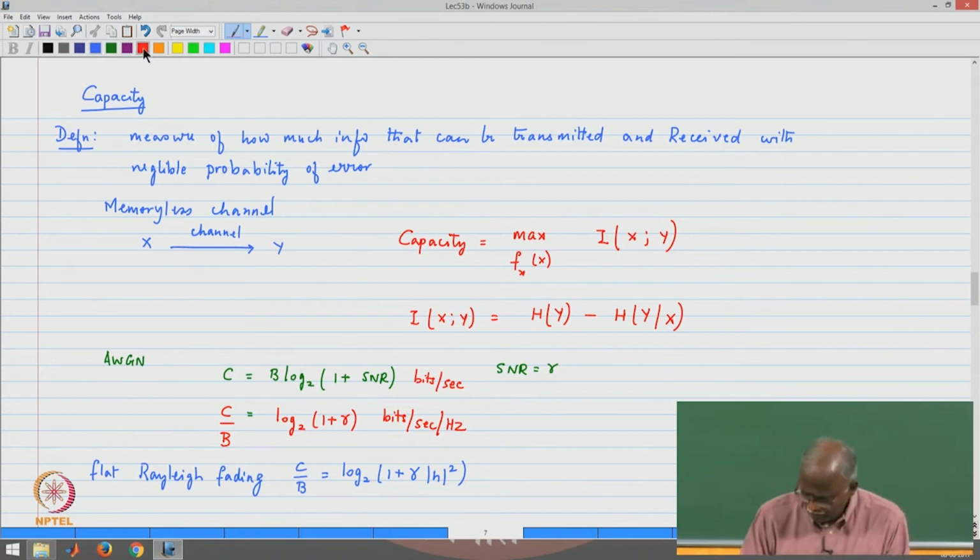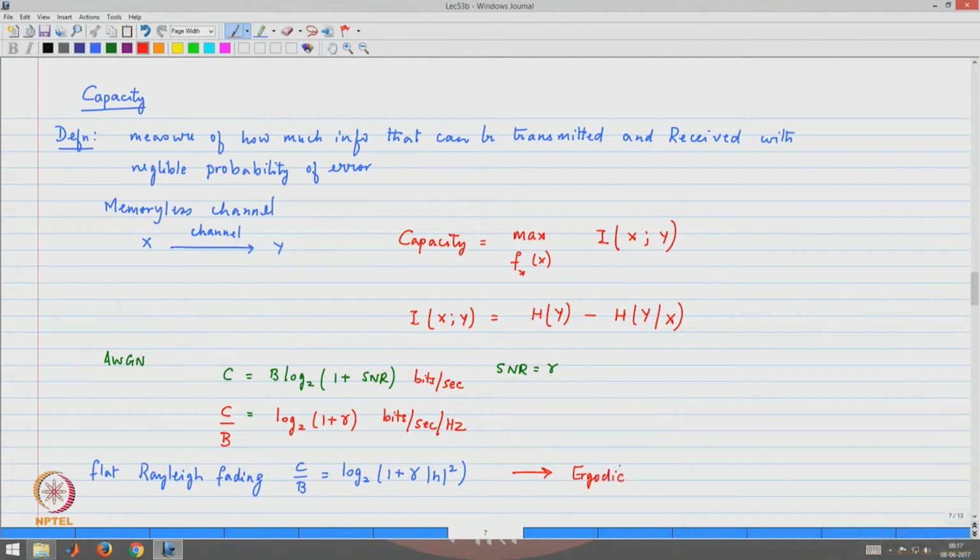And of course, this leads us to our understanding of ergodic capacity, where rather than talking about an instantaneous value, we talk about the average or expected value in a fading environment, which is given by the expected value of logarithm base 2 of 1 plus gamma mod h squared, and that was our expression for the ergodic capacity.